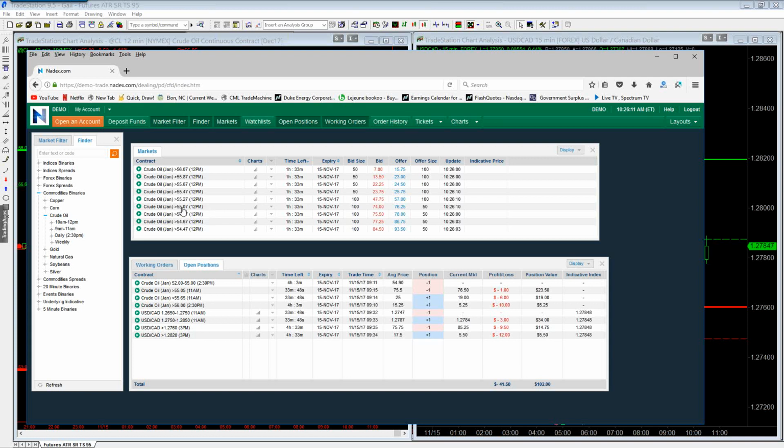So if it closes at 5507 and you're short, would you make money? Actually, you would if you were short. And it expired exactly at 55.07.